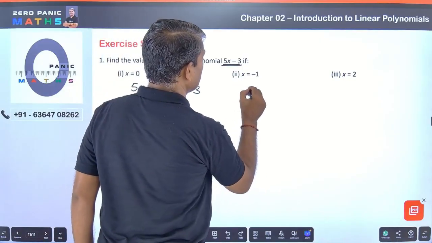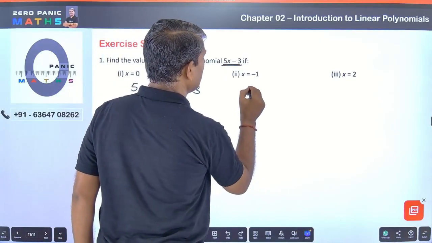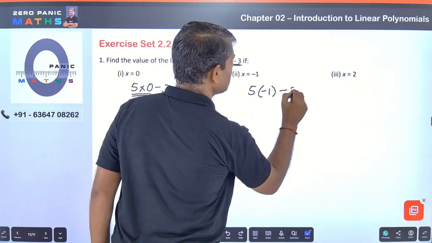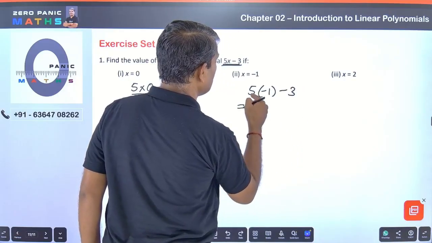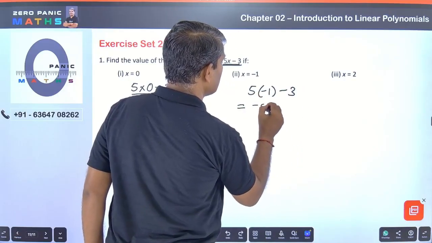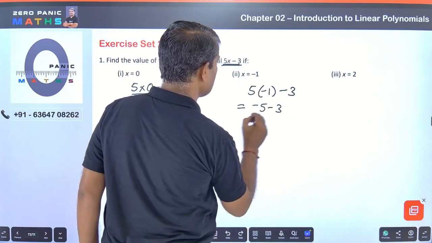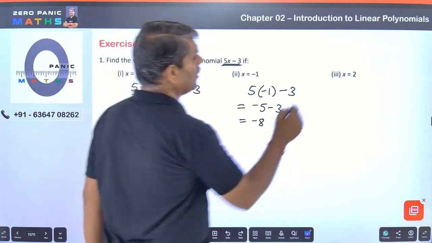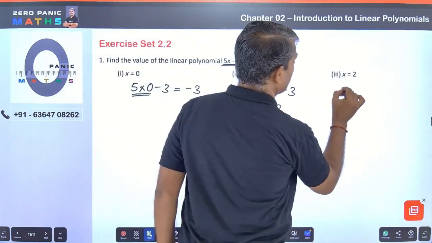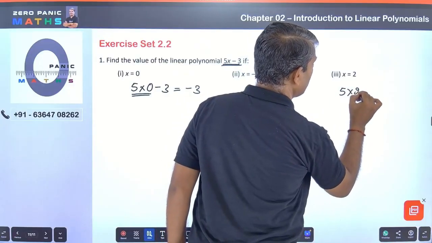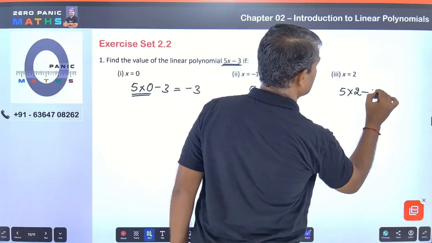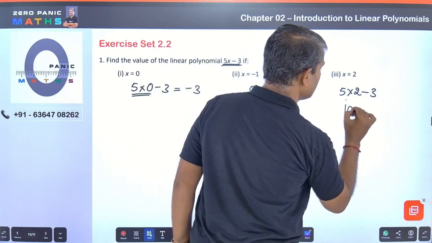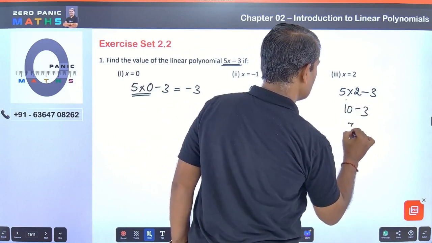Now x is minus 1 in 5x minus 3. 5 into minus 1 minus 3, that is minus 5 minus 3, which is minus 8. Correct? Now again x is 2. 5 into 2 minus 3, so 5 into 2 is 10, minus 3, which is equal to 7.